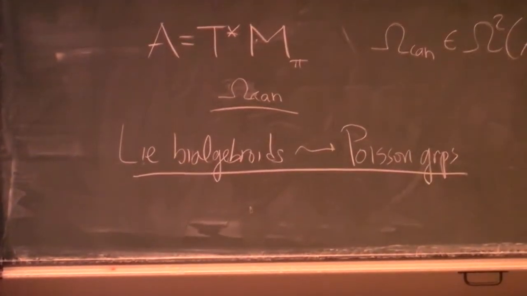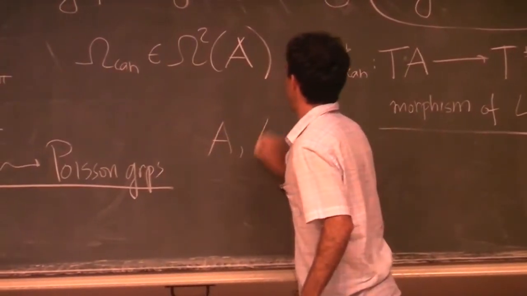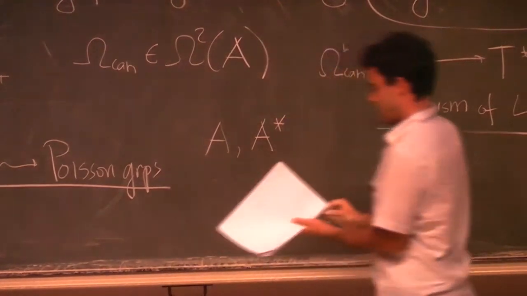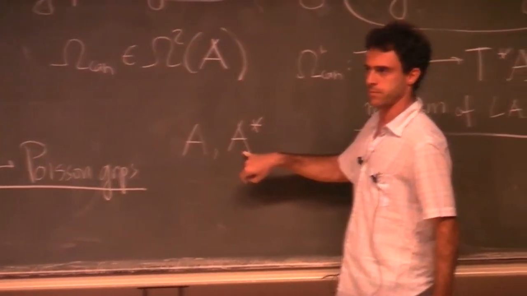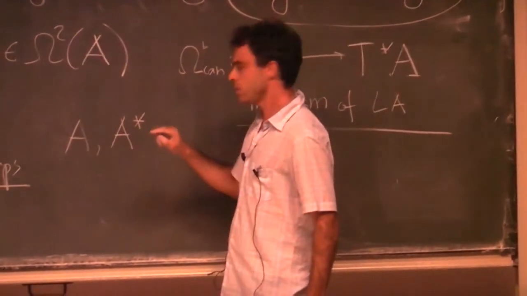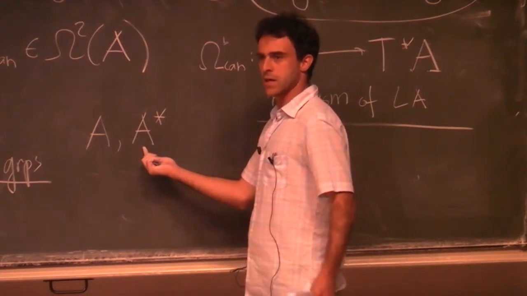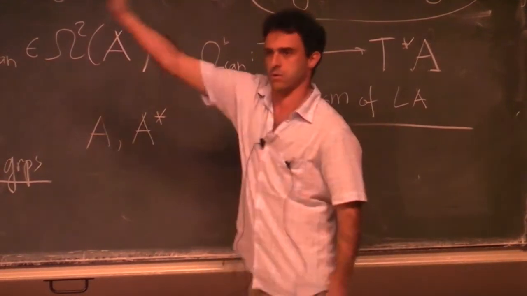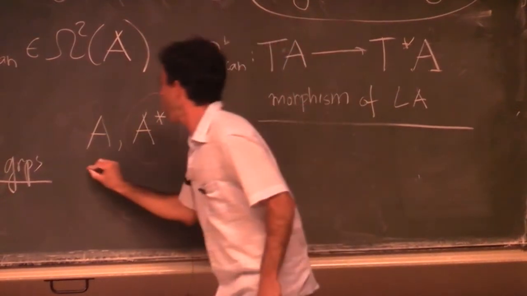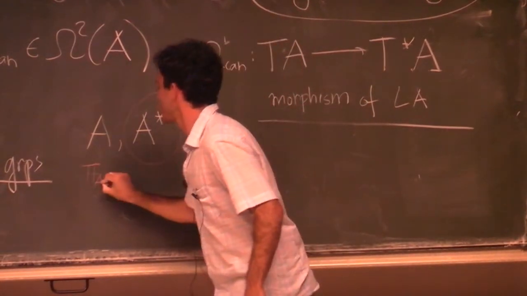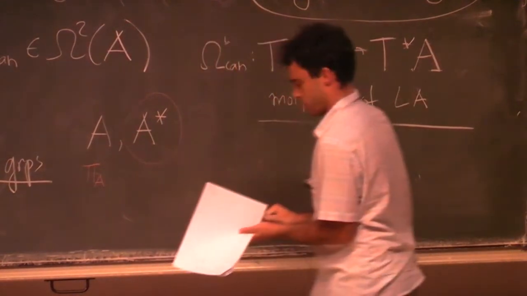So now, what do we have? Now we have A star, and A star has a Lie algebroid structure, right? But remember that one way to see a Lie algebroid was to see it dually as a linear Poisson structure on the dual bundle. So the Lie algebroid structure here I can encode as a linear Poisson structure on A, on the total space of A, right?